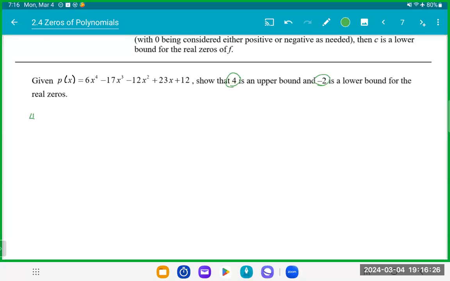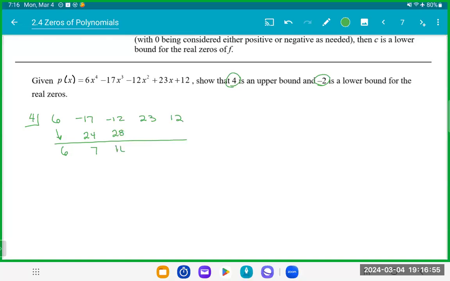So if I look at 4 first, and we have 4, 3, 2, 1. So we have all of them in order. So we could just do 6, -17, -12, 23, and 12. Bring this down. So that's 24. 24 minus 17 is 7. 7 times 4 is 28.